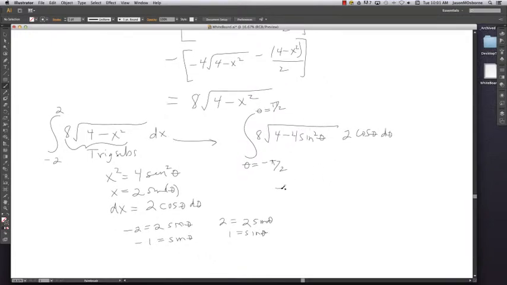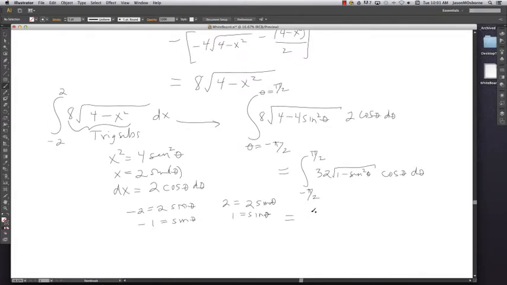Still have a little bit of work to do here. We're now going to go from -pi/2 to pi/2. The 4 factors out and comes out of the square root as a 2, so that would be 16. 16 times 2 is 32. And then I get the square root of 1 minus sine squared. And then I have this cosine of theta here, d theta.